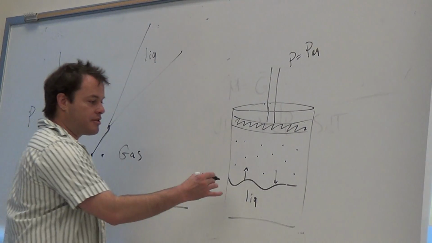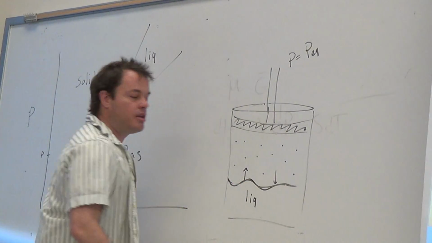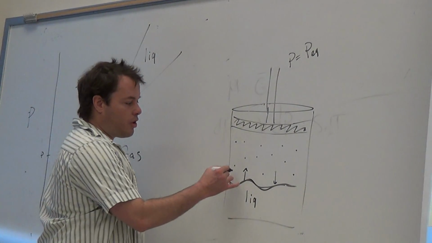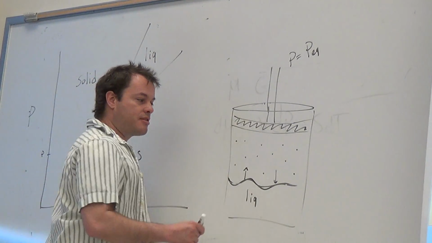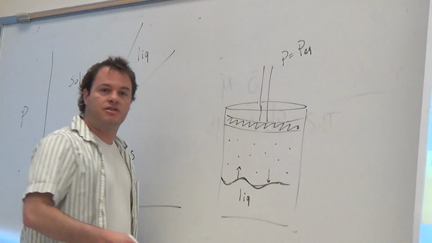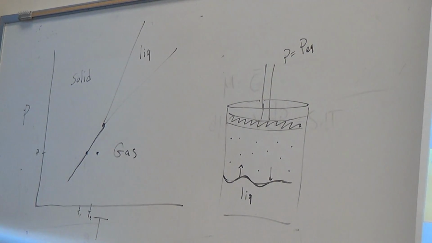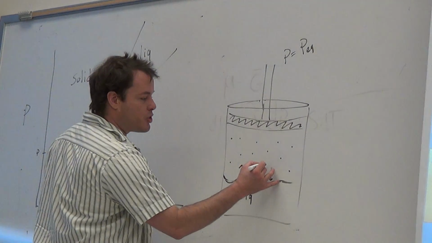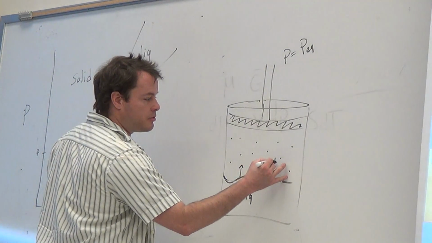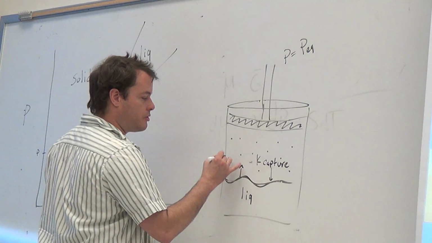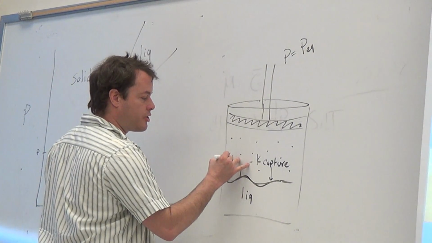Essentially, at this surface between the liquid and the gas, you have an exchange of material. Nothing is necessarily constant. There's always movement from the liquid phase to the gas phase and from the gas phase to the liquid phase. But at a position of equilibrium, the relative amounts of liquid and gas don't change, which means that, again, the rate of capture, k_capture, is equal to k_departure.